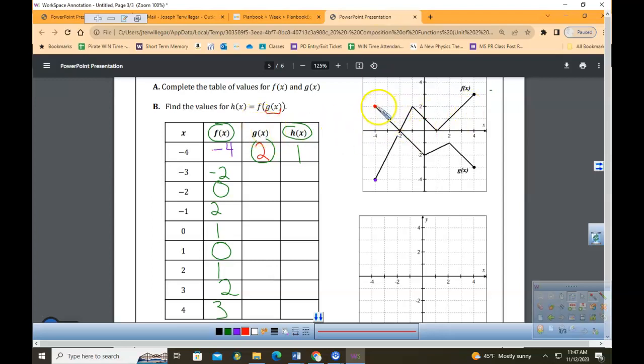G of negative 4 was 2. G of negative 3 is 1. G of negative 1 is negative 1. G of 0 is negative 2. I missed a 0 here. G of negative 2 was 0.